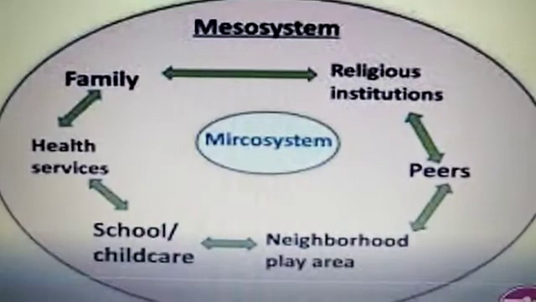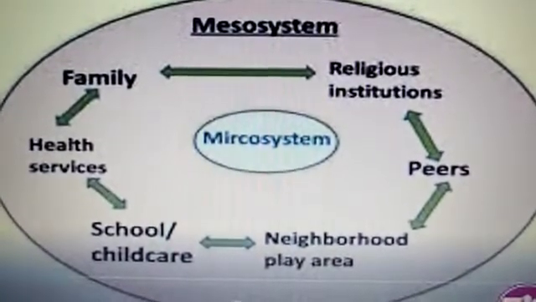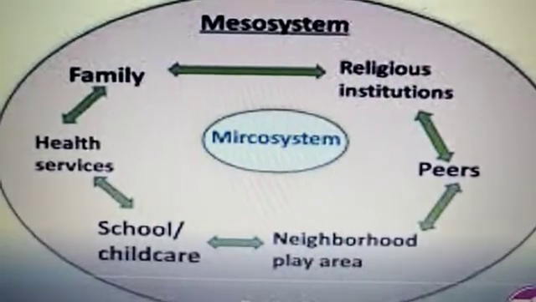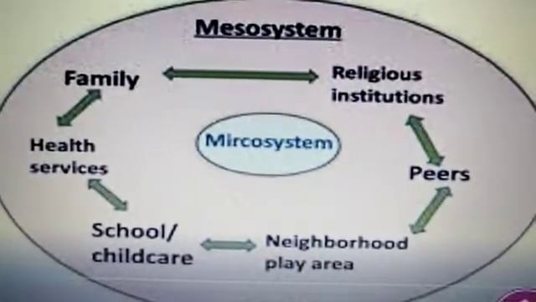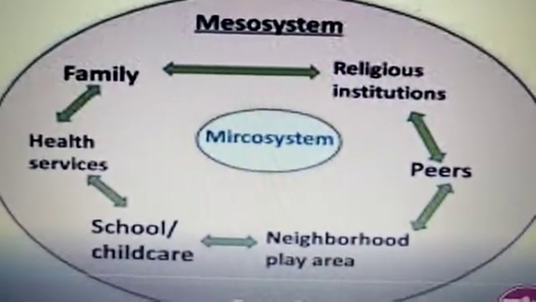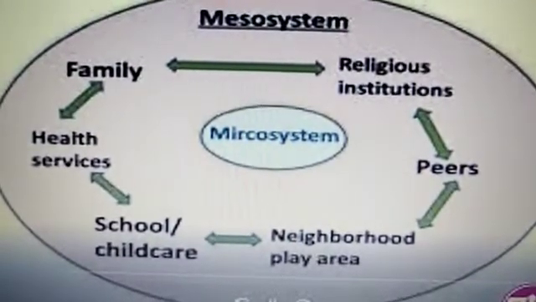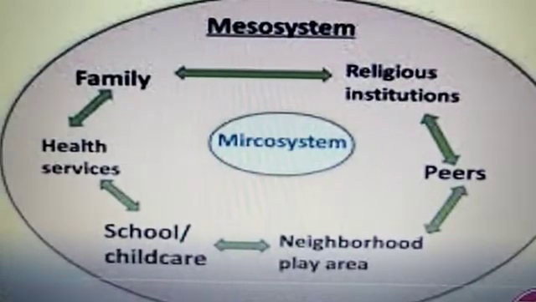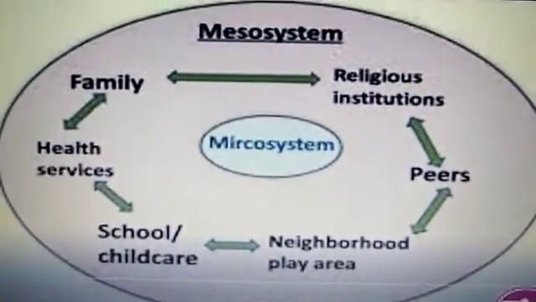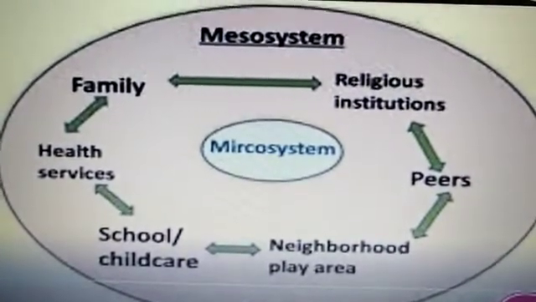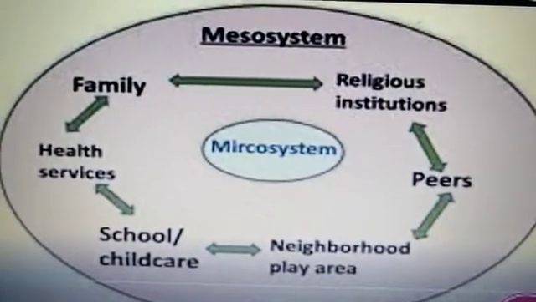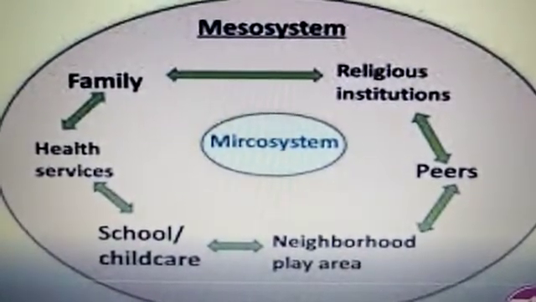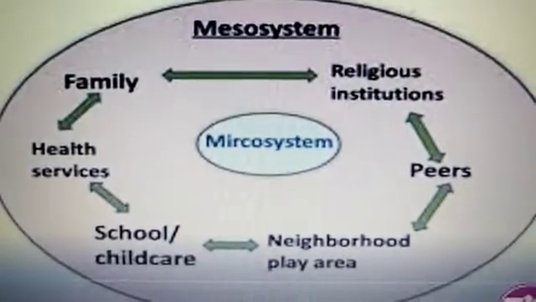It consists of the relations between, for example, how parents are connected to the teachers. The mesosystem is mainly concerned with how parents are connected to the peers and friends, and these experiences are likely to influence an individual's relationship with others. All these relationship factors contribute to the development of an individual.